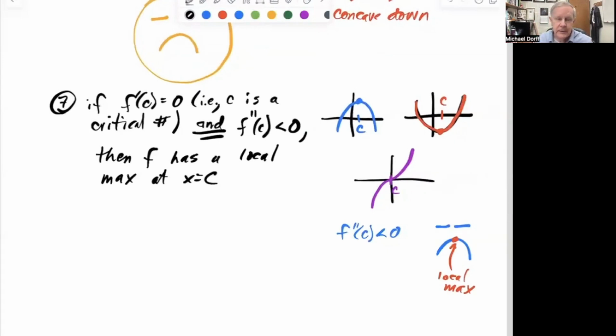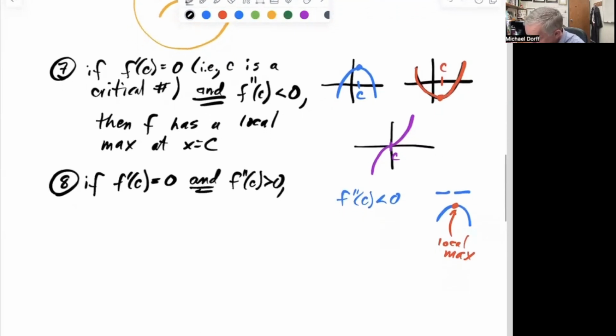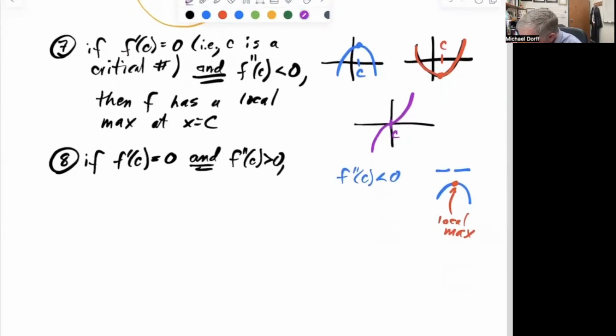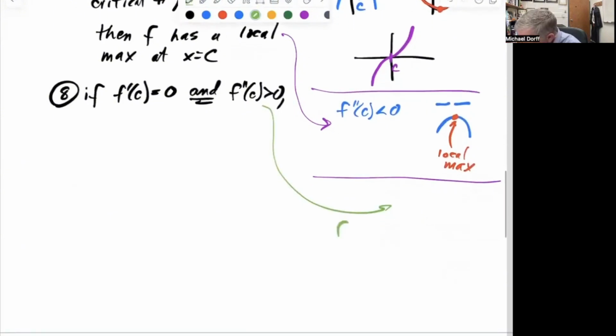You need to have a critical number, so f prime at C equals 0, and f double prime at C is less than 0. Well, you can figure out that I've got a similar mirror case here: if f prime of C equals 0, and the mirror case, suppose the second derivative is greater than 0, what do I have? So I have the second derivative at C is greater than 0.